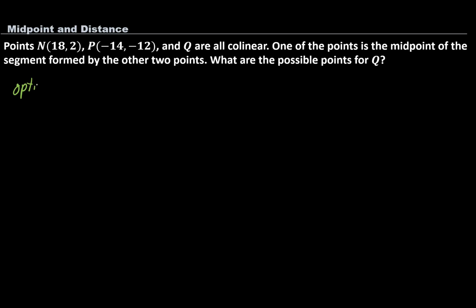So option 1, we can say that N at 18, 2, and P at -14, -12. Yes, I know this line's backwards. We're just drawing the diagram, just trying to get some headspace here. So we can say that N and P are the endpoints, and that Q is the midpoint.